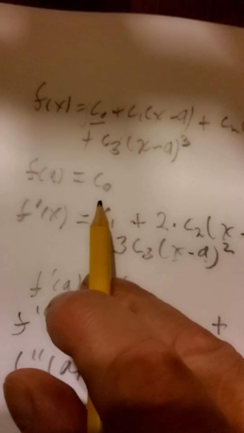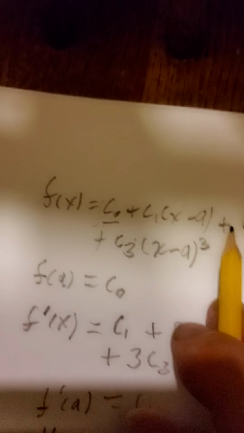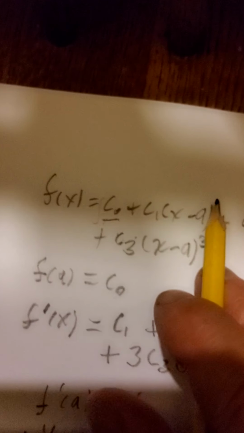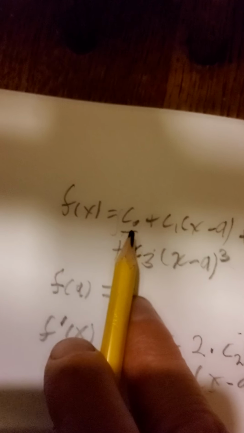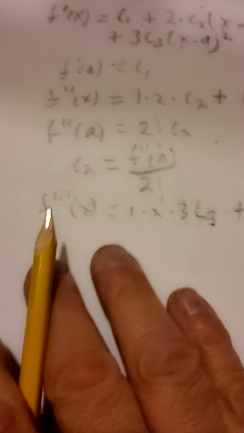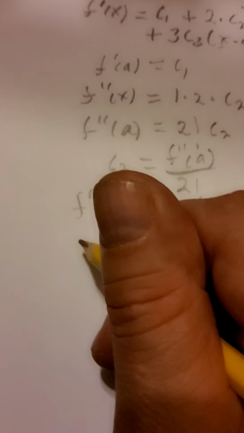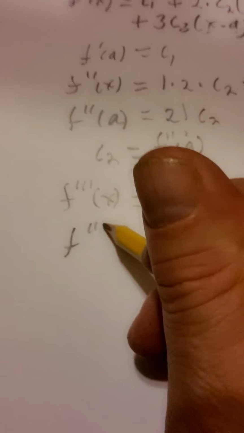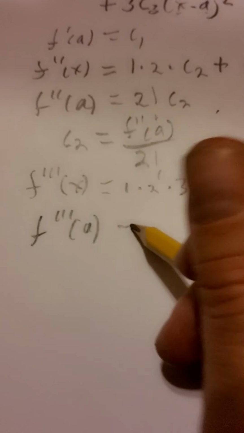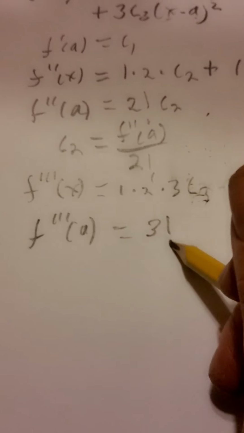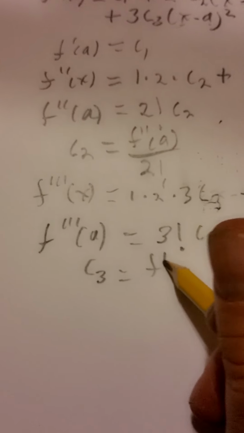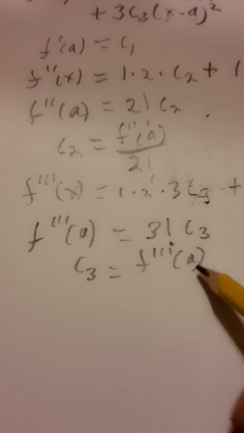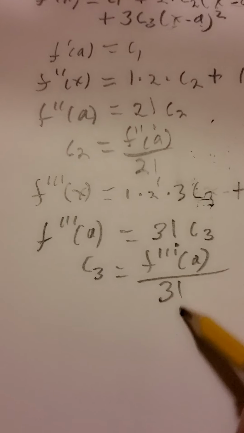Because c naught times x minus a to the 0 power is just going to be c naught again, so when differentiated it goes to 0. So f triple prime at a will just give 3 factorial times c3. So c3 is going to equal f triple prime at a divided by 3 factorial.